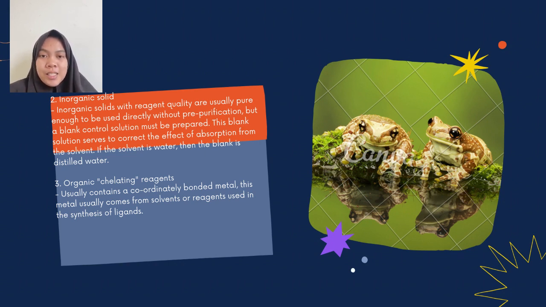Organic reagents are usually used in small quantities so that contamination can often be ignored, but caution is still necessary, for example, by using reagents as blanks.